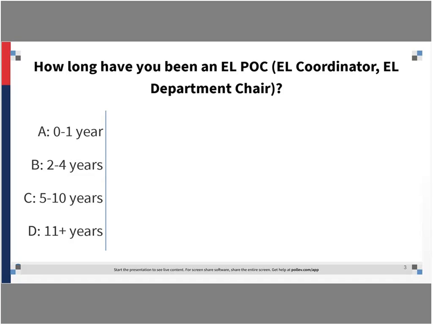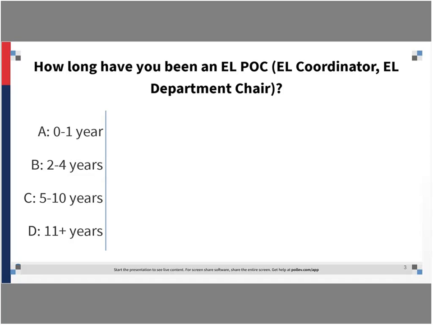There is another exercise here for you. We will be using a digital resource called Poll Everywhere. Some of you may have used Poll Ev before. In this exercise, we're going to activate the poll so that you are able to share with us how long you've been an ELPOC, whether your official title is EL Coordinator, EL Department Chair.